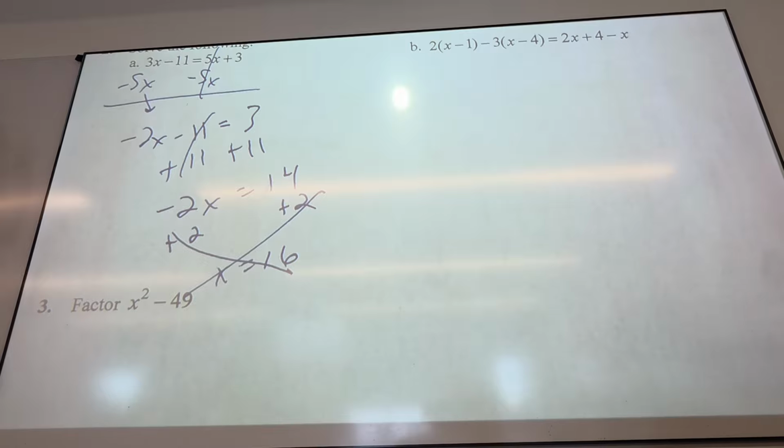Can somebody tell me why what they did was wrong? What's the correct thing to do? Divide. Why is dividing the right thing? Because the operation is multiplication. What are the negative 2 and the x doing? Multiplying. So division is the only thing that's going to cancel that.